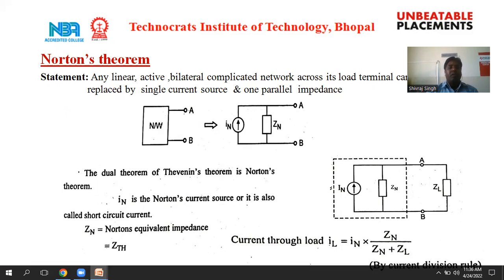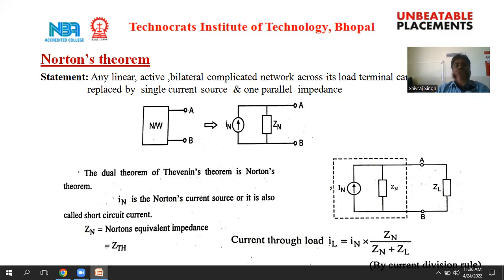So here we can see a complicated network, where A and B are the load terminals. Across the load terminal, this complicated network can be replaced by a single current source IN, that is called the Norton current source, and a parallel combination of ZN, that is called Norton's equivalent impedance.